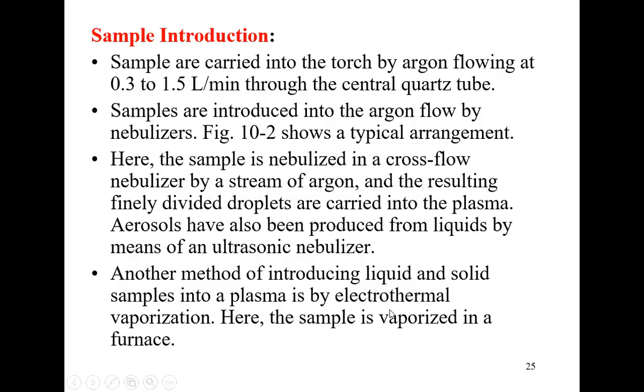Solid samples. Remember how you introduce solid samples in AA? How do you introduce them? Just the graphite furnace. Electrothermal means, the furnace, is the one most commonly used. So you can also introduce samples into the plasma via electrothermal vaporization, through the furnace.